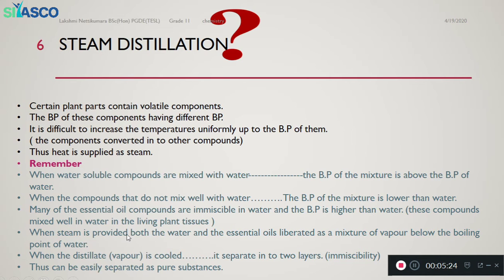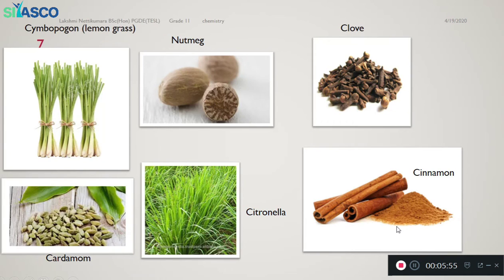When steam is provided, both the water and the essential oil compounds are liberated as a mixture of vapor below the boiling point of water. When the distillate, or the vapor, is cooled, which happens in the condenser, it separates into two layers. Why? Because of this immiscibility property. Thus they can be easily separated as pure substances.